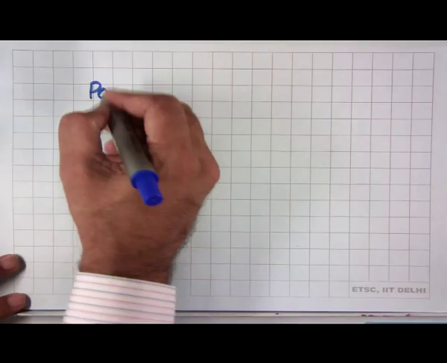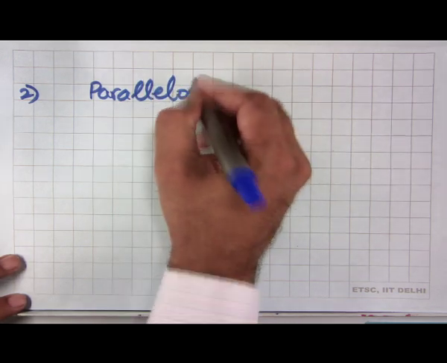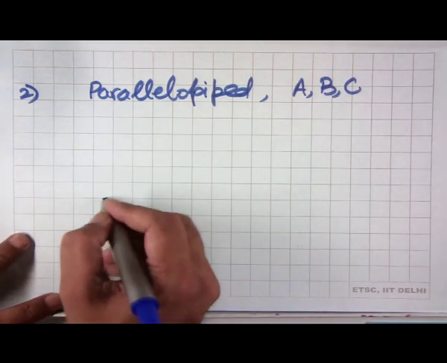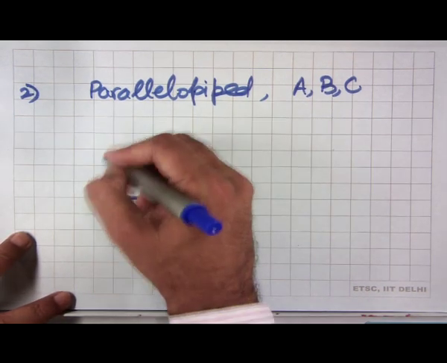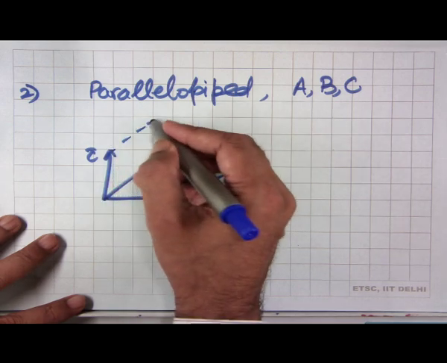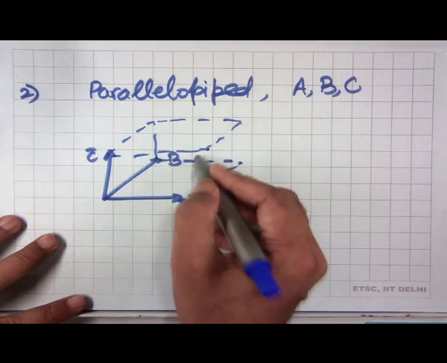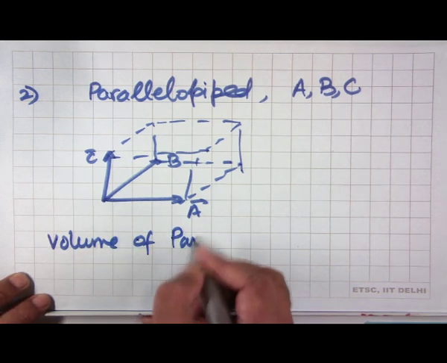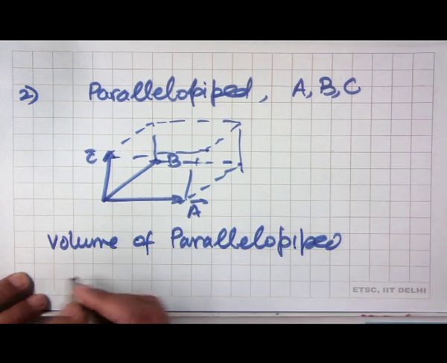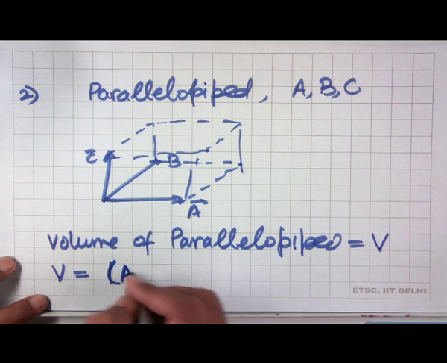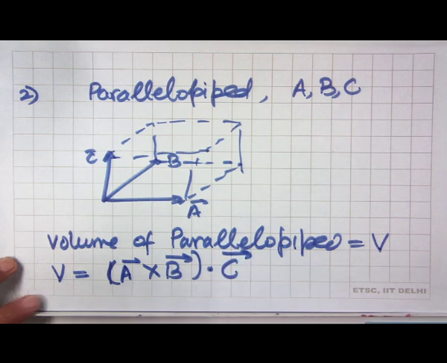Similarly, if we have a parallelepiped which has sides A, B and C, this is A, this is B, this is C. We complete the parallelogram, and with C we complete this figure, which is a parallelepiped with sides A, B and C. Then the volume of the parallelepiped, if we call it V, is given by A cross B dotted with C, and since these are three sides of the parallelepiped, if we move in a cyclic order, we will get the same thing.